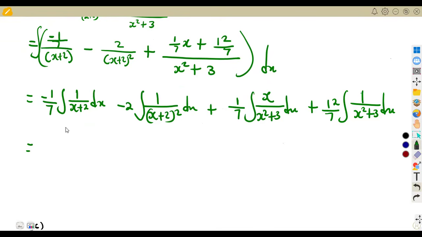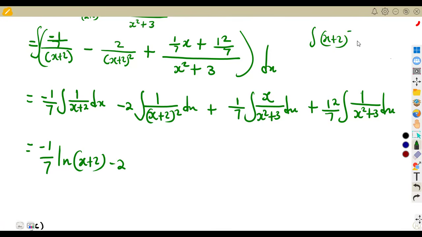So this is it. If we remember, the integral of 1 over x is going to be a ln. So this will be ln of x plus 2, minus, we talked about this, guys. The integral of this 1 over (x plus 2) squared, we said we can use the formula. It ends up as the integral of x plus 2 to the exponent of minus 2.